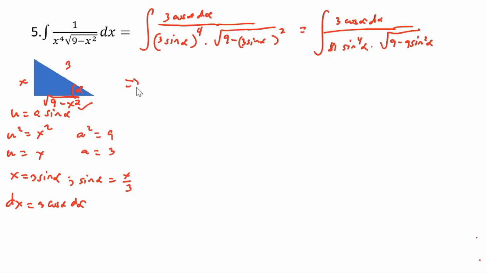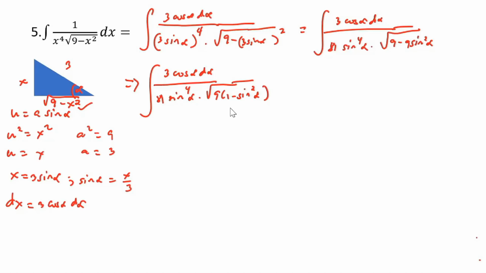Simplifying further, we can write now the numerator of 3 cosine alpha d alpha all over 81 of sine to the fourth power alpha times, we have a common factor of 9, so we can write now 9 times 1 minus sine squared alpha. The 1 minus sine squared alpha is equivalent to cosine squared alpha.